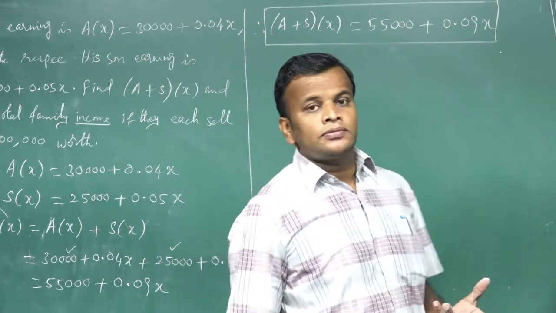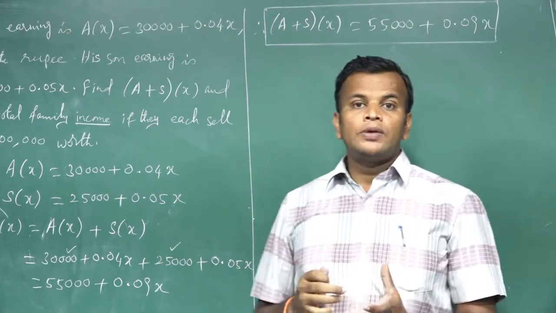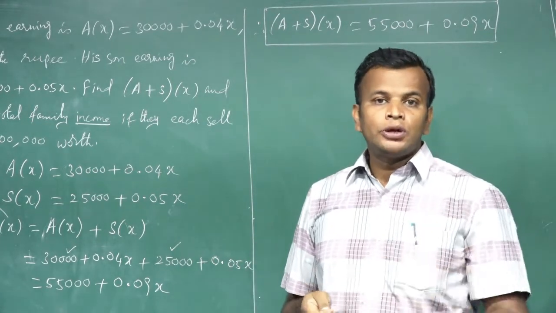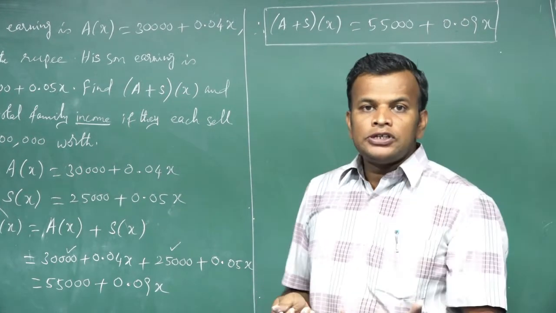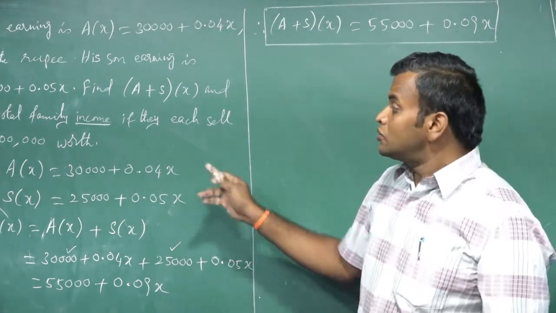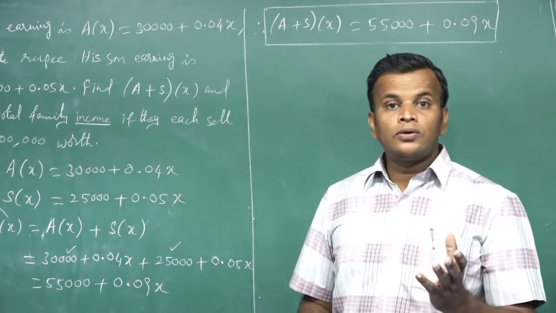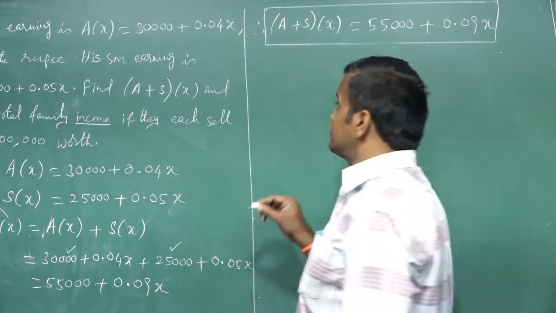The next question. What is the income of the family? Suppose both the persons, that is a father and son, purchase or sell some amount whose value is 1 crore and 50 lakhs.